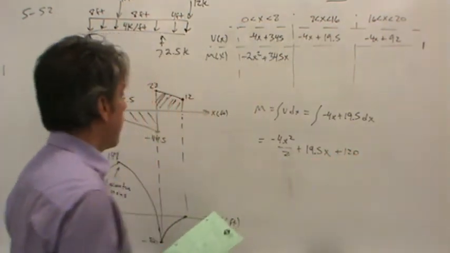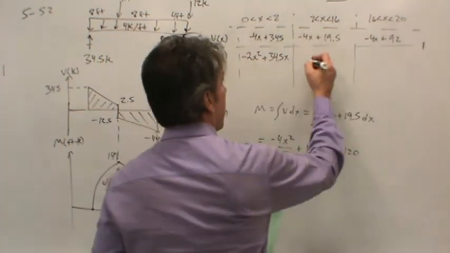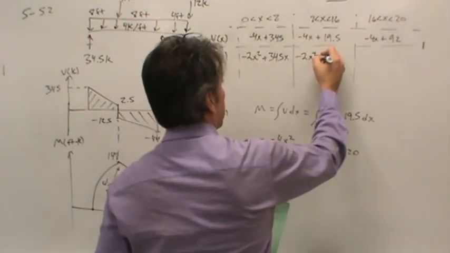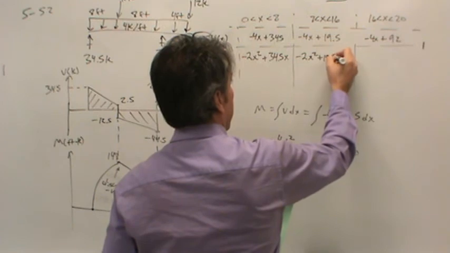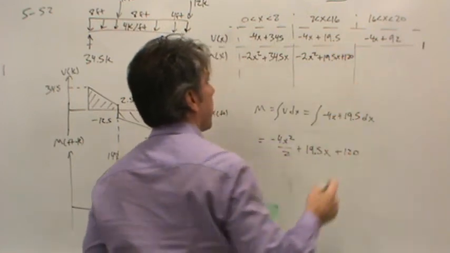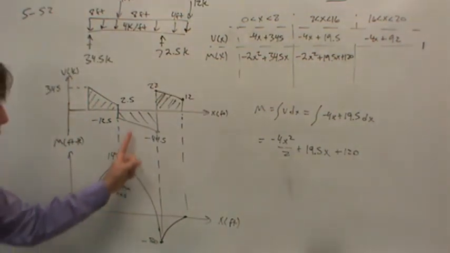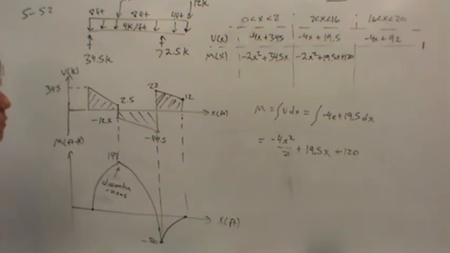And again, you can plug in x between 8 and 16 into this equation. You'll see that it works. So -2x squared plus 19.5x plus 120. Now, understand this only works for the section from x equals 8 feet to x equals 16 feet.